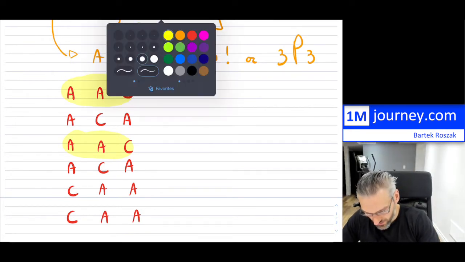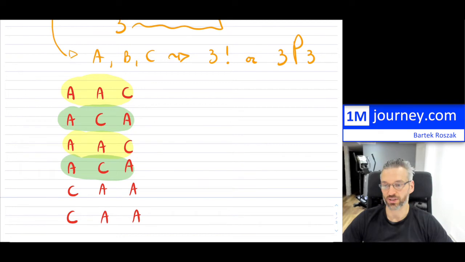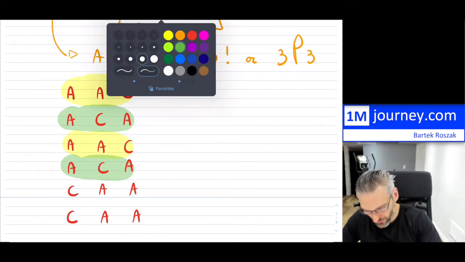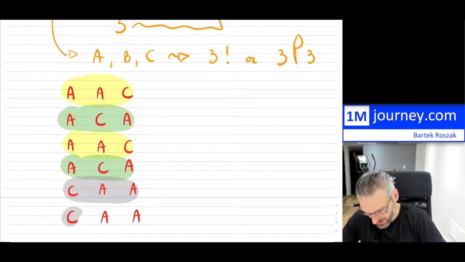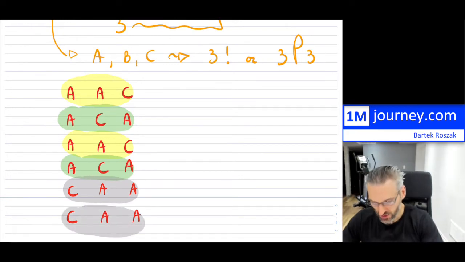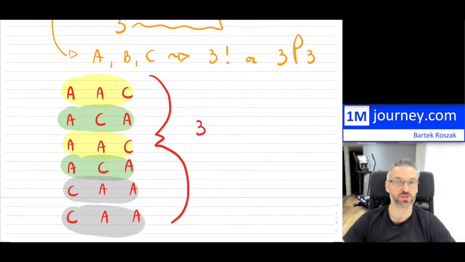Here's another one, ACA, and then ACA again. That has been repeated. And lastly, you can tell that I have CAA and CAA also repeated. So in reality, out of these, I really just have 3 different permutations, which is clearly not 3 factorial.